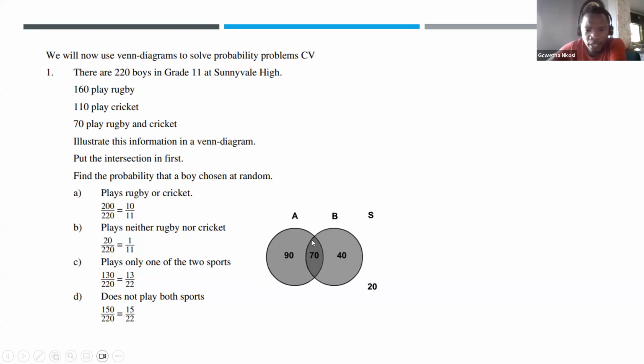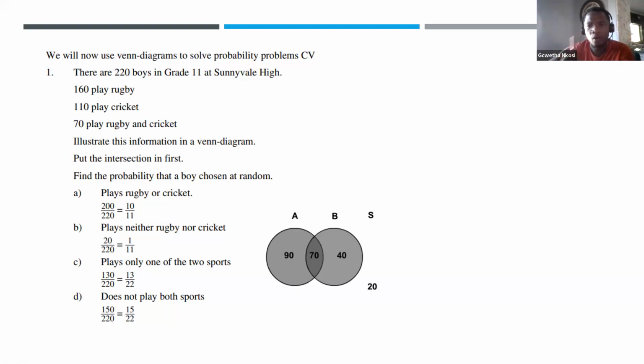You check, these two, the 70, they play both sports. So now it doesn't play both sports. There is this one for rugby only, and there is this one for cricket only. So now I've got my 90 and I've got my 40.